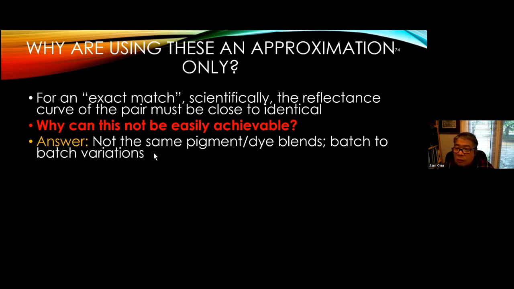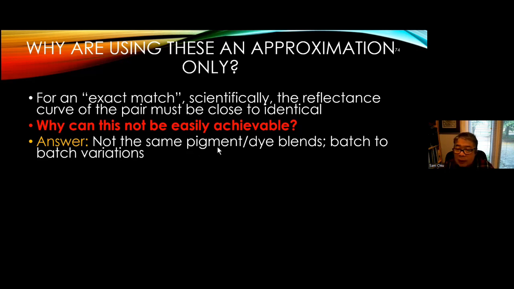Because when you go back to the paint or the color or the pigment that was used in the production of the stamp, it could be a pigment, it could be a dye, and there's batch-to-batch variation. So what is a pigment?